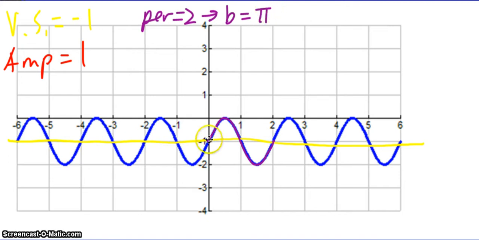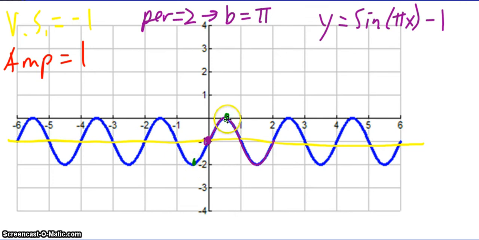Now again, it's pretty easy for me to write the sine equation because I can start at 0, so there's no horizontal shift. I can say y equals sine of pi x minus 1. Now for cosine, I need to have a shift. Now here I can see pretty easily that these are exactly halfway in between.